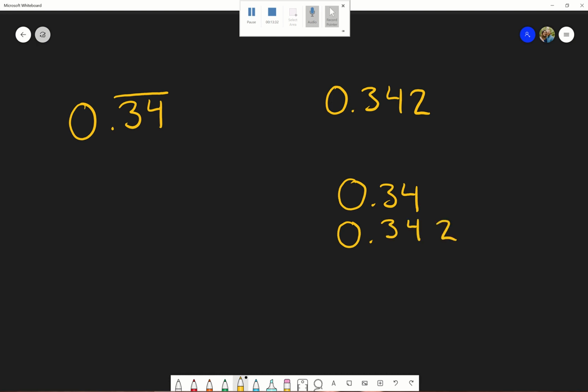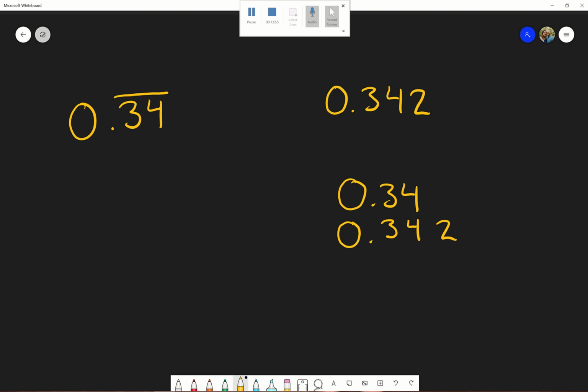Now, be careful that we're not saying that this top number is like 34 and this bottom number is like 342. That's not what we're saying, because we can't compare them unless they have the same number of place values.